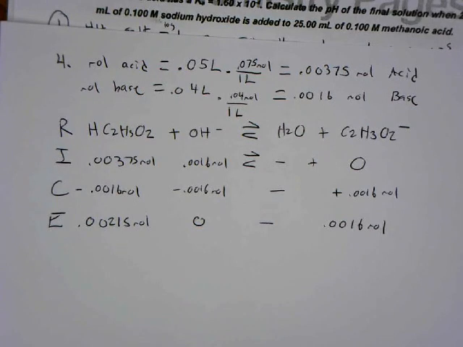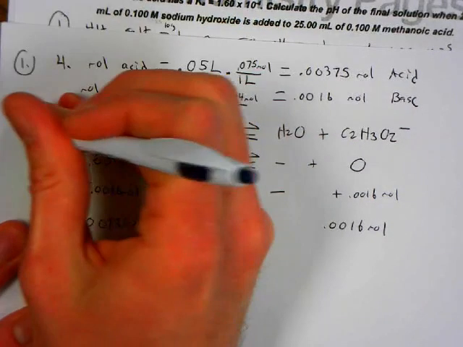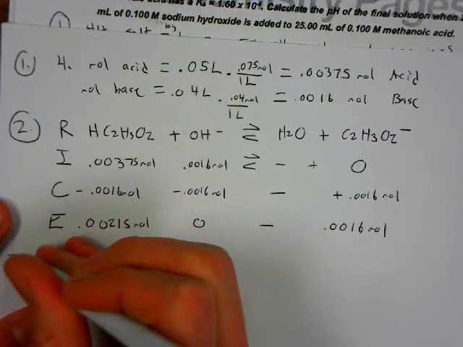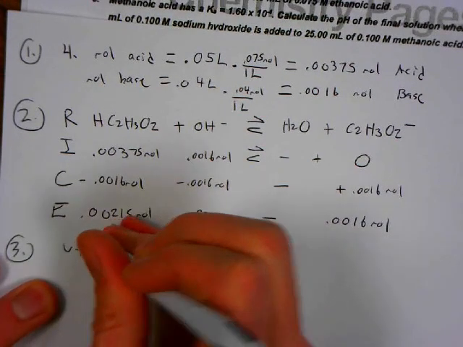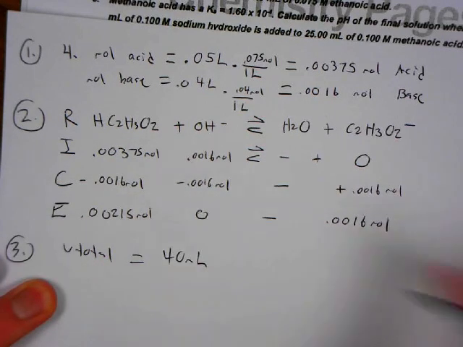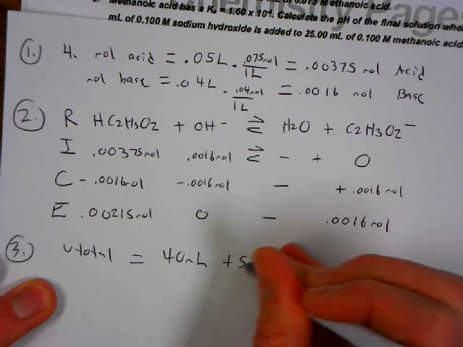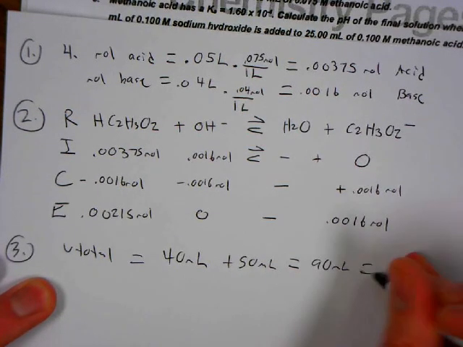Equilibrium. So subtract. 0.0025, 0.00215 moles, and 0.0016 moles. So I made this, that was step 1. This was step 2.